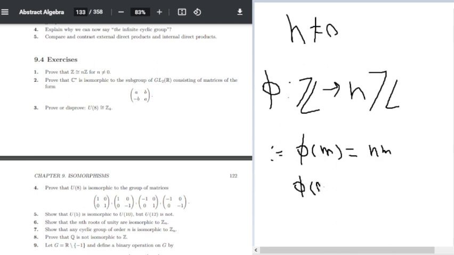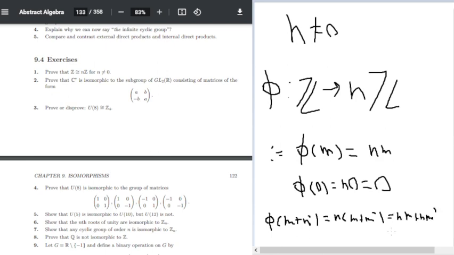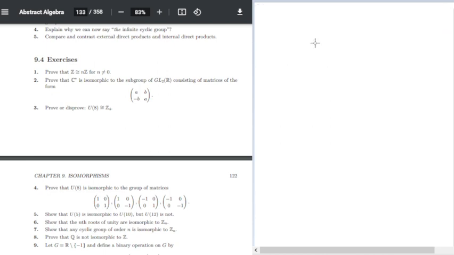And to show the group operation is preserved, which is the main thing we're worried about, phi of m plus m prime equals n times (m plus m prime), equals nm plus nm prime, equals phi of m plus phi of m prime. So we have a natural isomorphism from the integers to the integers multiplied by n.